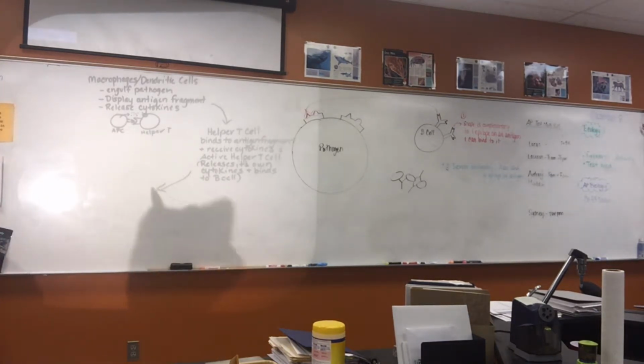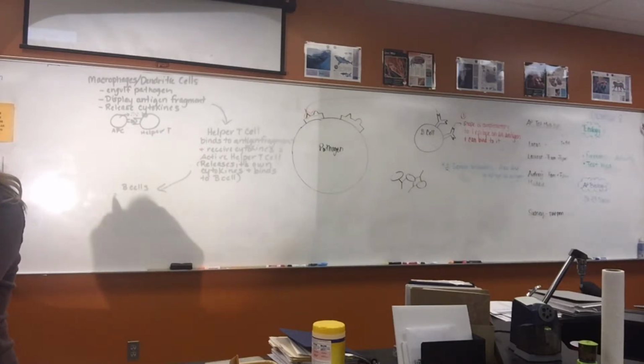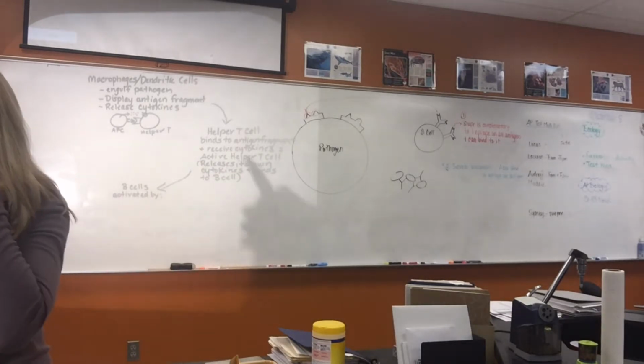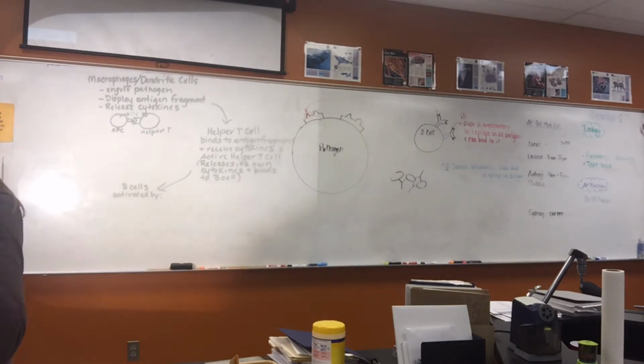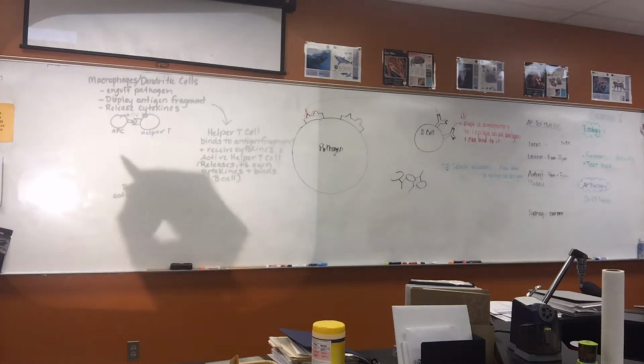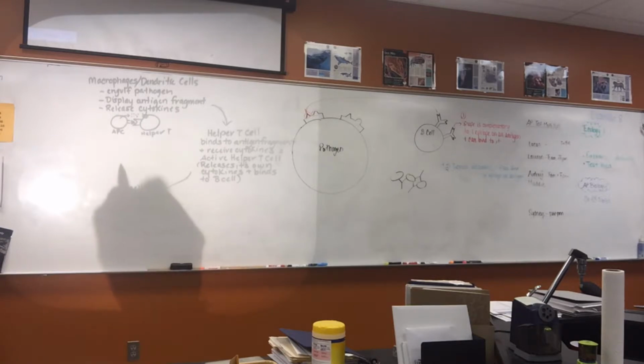So the B cells are activated by, first, the helper T cell binding to it, and this is where the presentation of the pathogen comes into play. So this is your B cell right here.